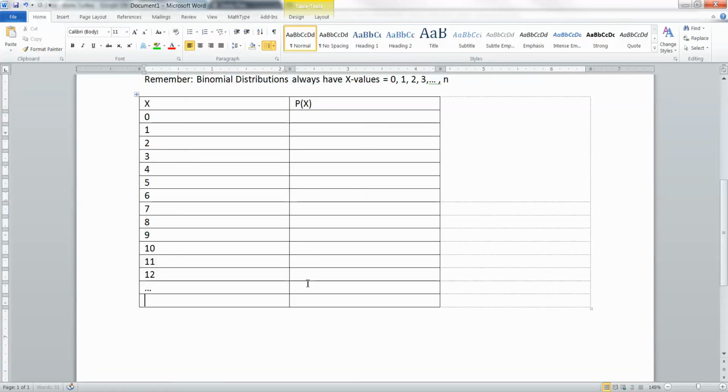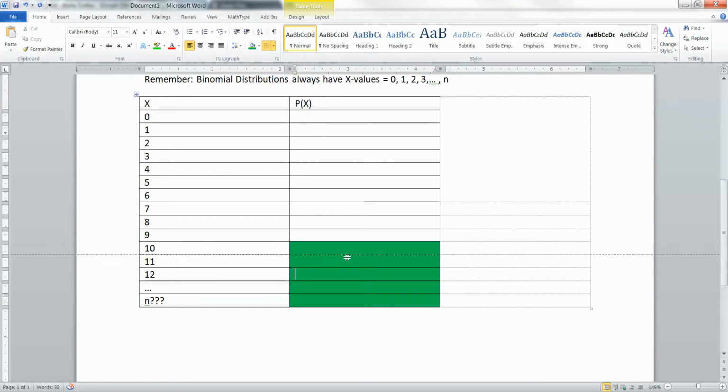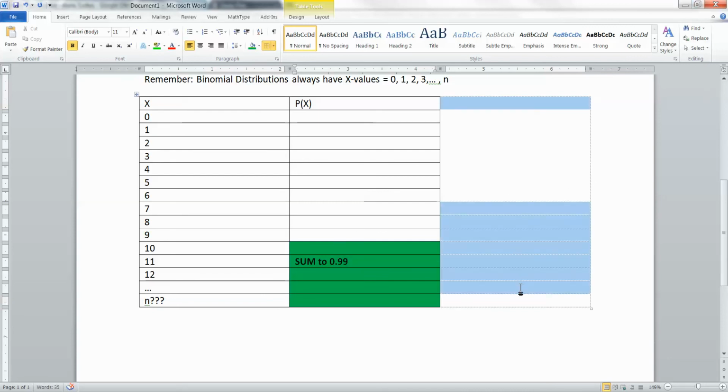And we don't know where it ends. That's what we're looking for, right? Where does this end? What n value will make it so that all of these probabilities right here have to add up to 1? So we want these probabilities to sum to 0.99. That's what they asked us for.